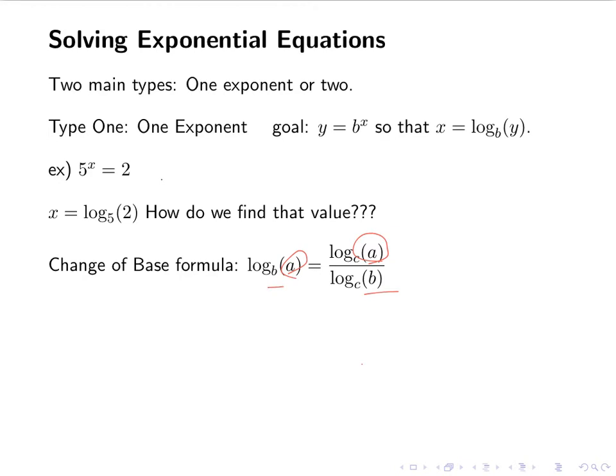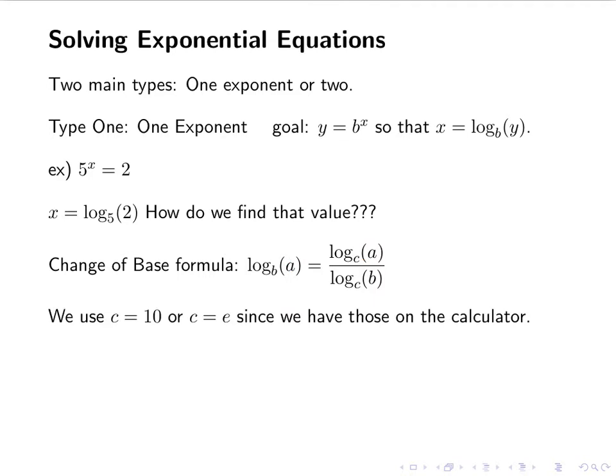So I'm going to take log base c of a divided by log base c of b. If I look at the original log, remember the base is a subscript, so it's actually below the a, and that's helpful to remember that it's going to be the log base c of a divided by log base c of b. So what I'm going to do is choose a base that I have in my calculator.